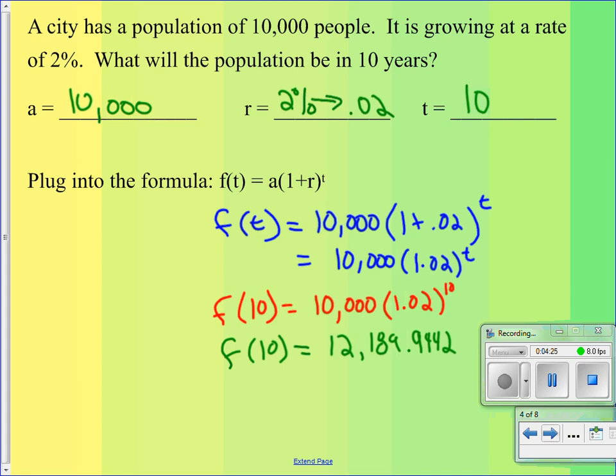I want to round that up because I can't have a fraction of a person, so I'm going to make this 12,190 people. Always round up, even if it's a number less than 5. You want to account for that extra little bit and round it up.